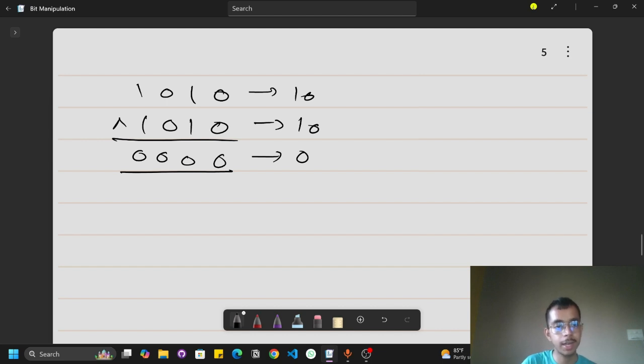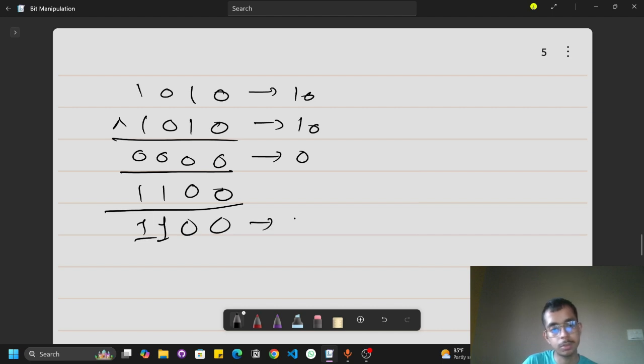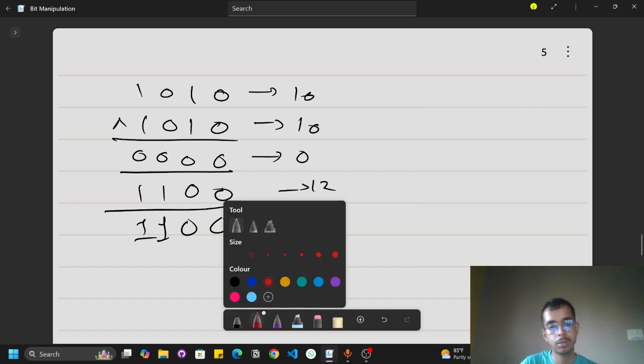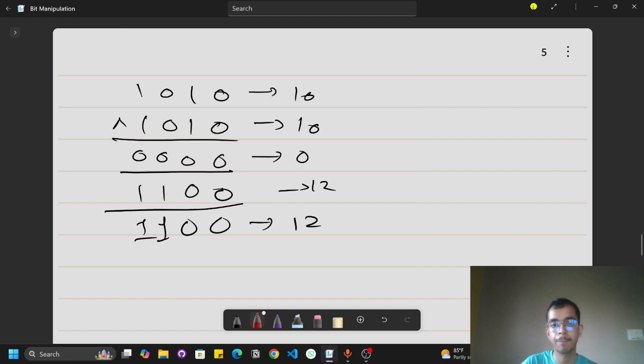And if I take XOR of 0 with any other number, say 12, this is 0, 0, and this is 1, it's 1. So this gives me 12 again. So what we got from here is, n XOR n is equal to 0, and 0 XOR n equals n.